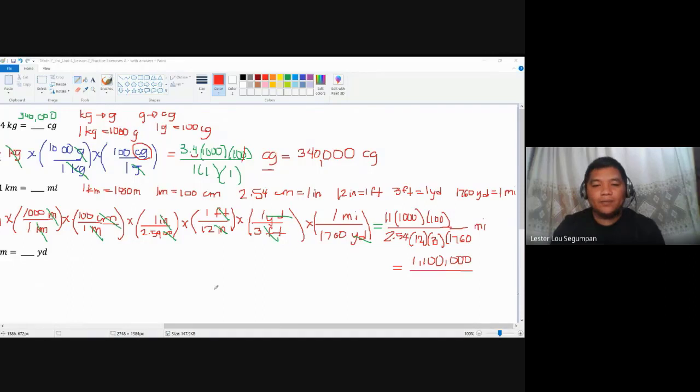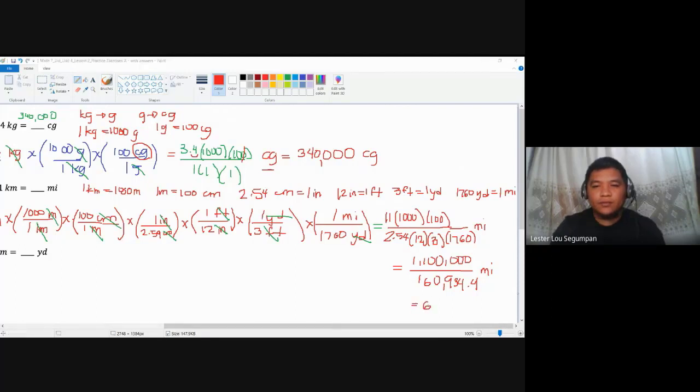All over the product of the denominator, 2.54 times 12 times 3 times 1760, which is equivalent to 160,934.4, and you have your miles. Simply try to compute its equivalence. So you have 1,100,000 divided by 160,934.4.